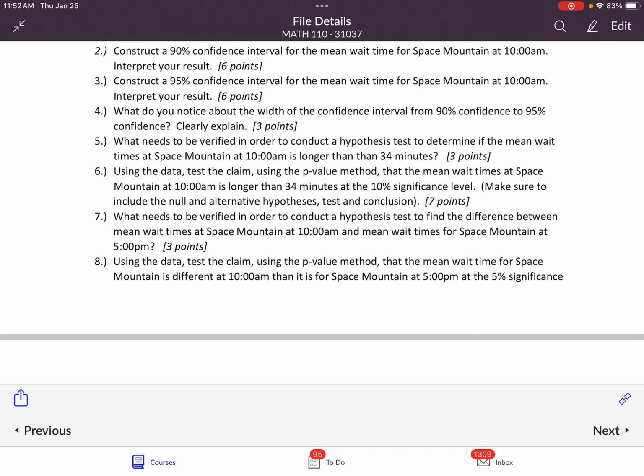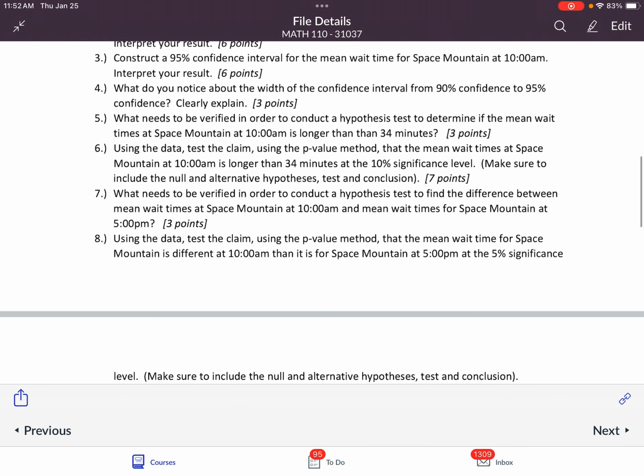Number 6 is asking for us to use the data, test the claim using the p-value method that the mean wait time at Space Mountain at 10 a.m. is longer than 34 minutes. And it does say at the 10% significance level, make sure to include the null and alternative hypotheses, test, and conclusion.